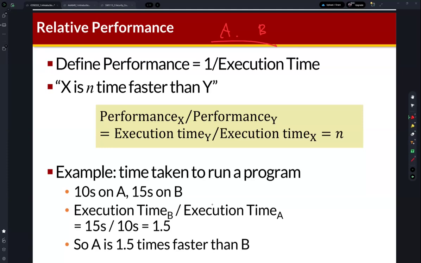The performance of system A is higher than the performance of system B, so based on this fact, we can purchase a certain system. We frequently compare the performance of two systems.